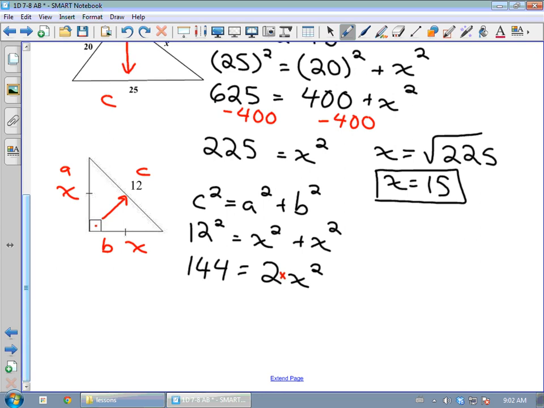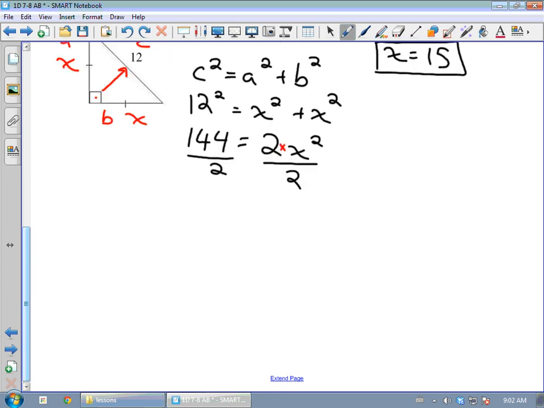We don't see any of that. We see multiplication times 2, so we want to divide everything by 2. On the left-hand side, 144 divided by 2. We punch this into our calculator. We get 72 equals x squared.